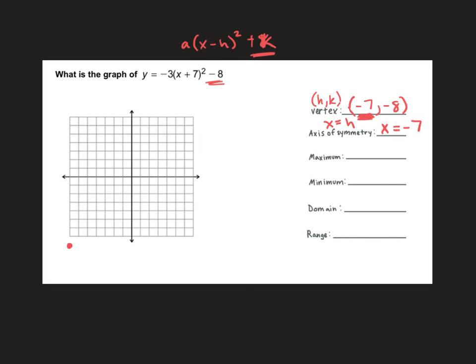Our axis of symmetry always goes right through the center of our vertex. Brandon, what's our domain? All real numbers.